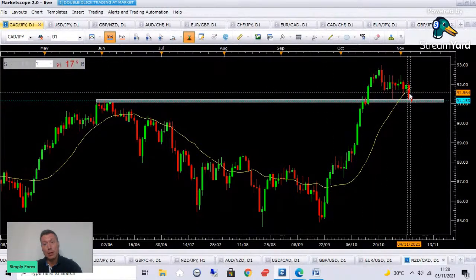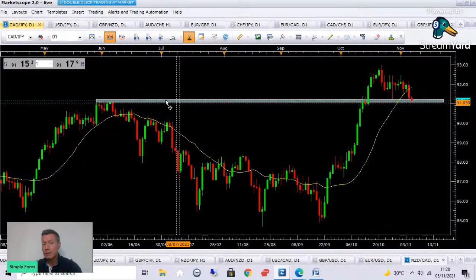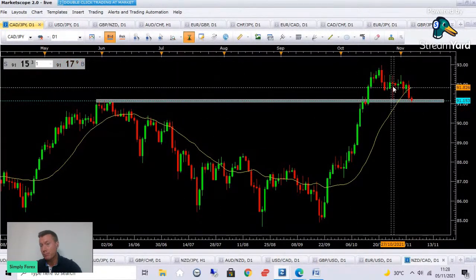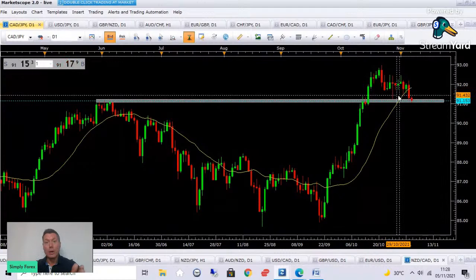So although that is a large bearish candle, and I do think price could come lower, just for these reasons, I would stay out of this. It hasn't broke the low of the candle on the 27th of October. So wouldn't long it, wouldn't short it, no trade.